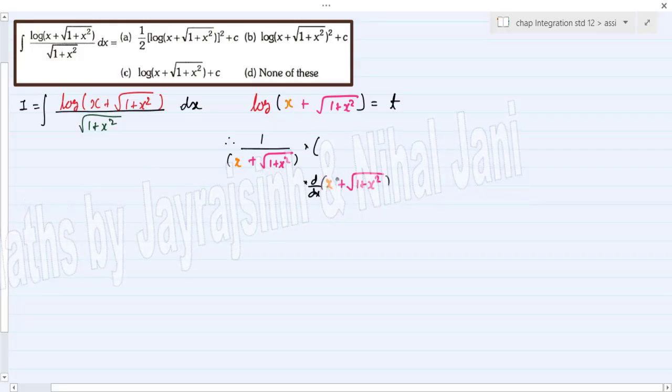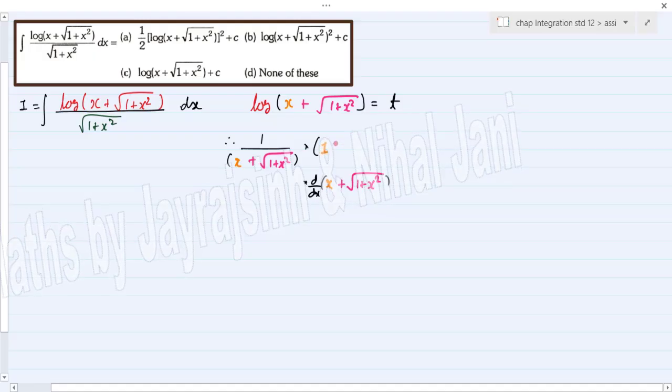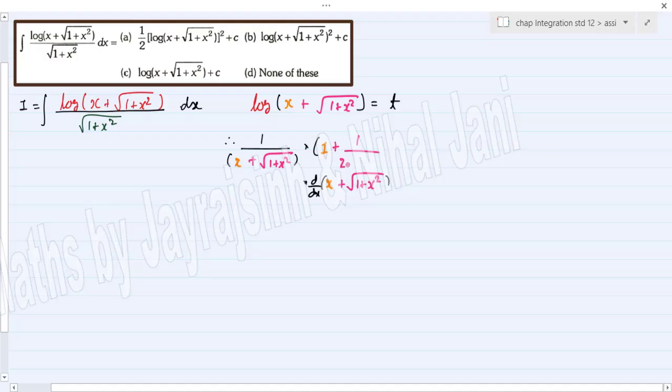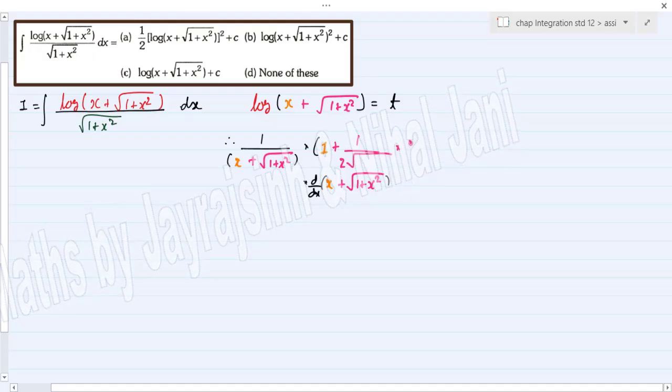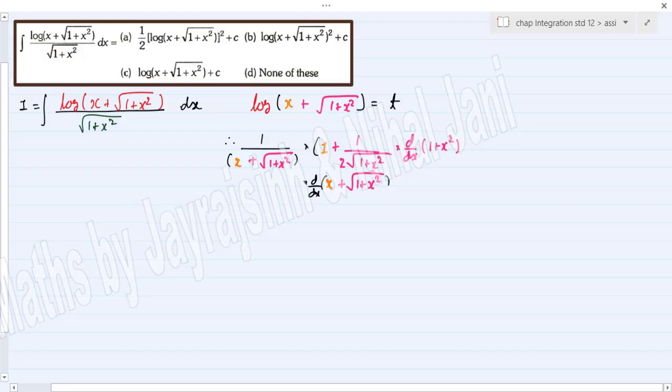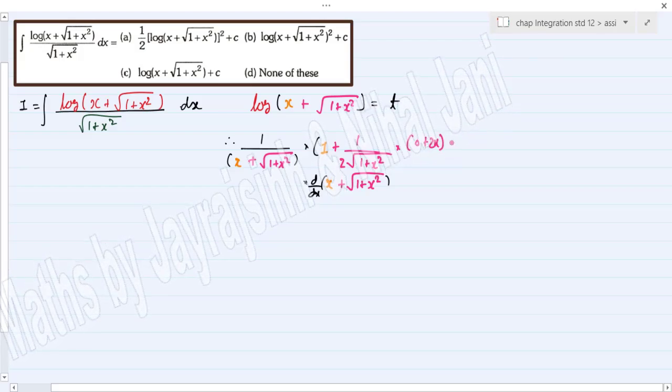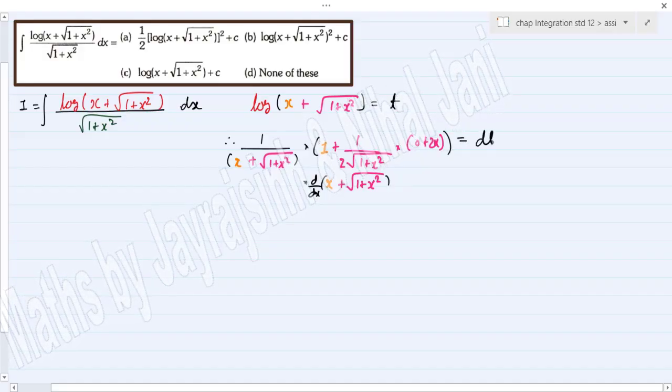So differentiation of x will be 1 plus differentiation of root box will be 1 upon 2 root box into d by dx of box. Within the box, we have 1 plus x square. So we just have to multiply differentiation of 1 plus x square, which will be 0 plus 2x, is equal to differentiation of t will be dt.